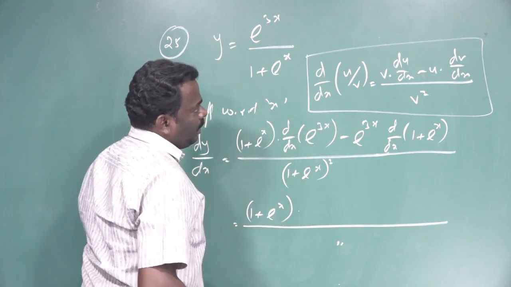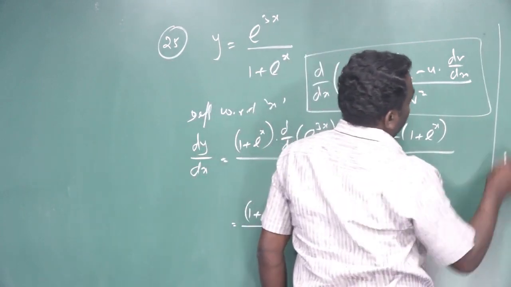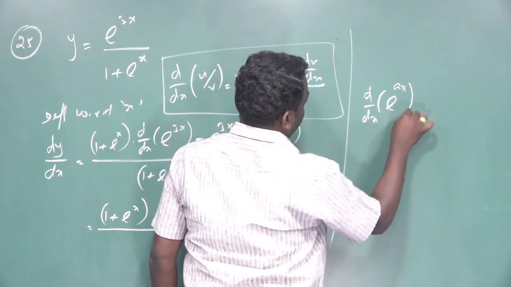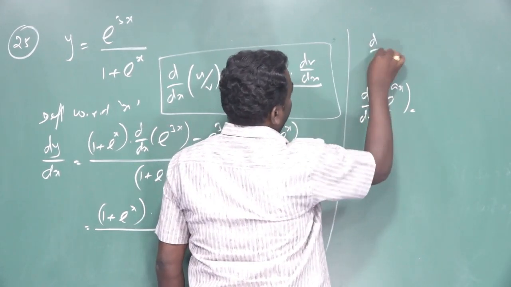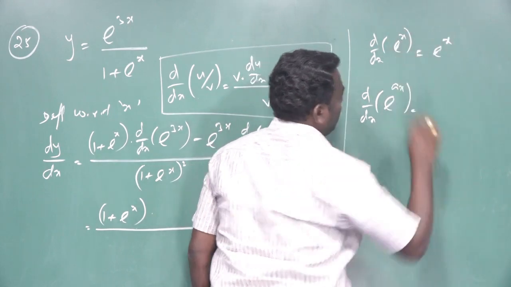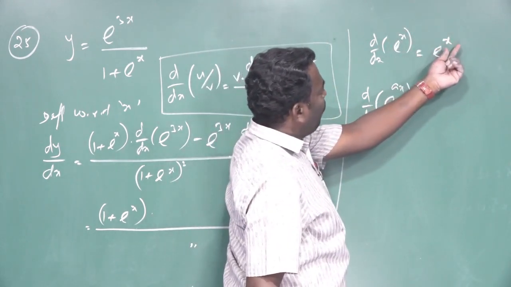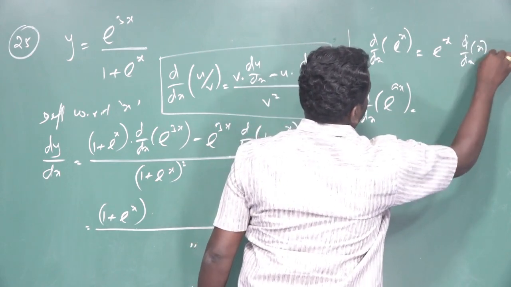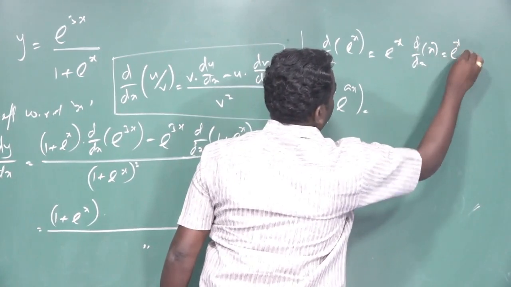Now the denominator is 1 plus e power x as it is. Differentiation of e power 3x: once again d by dx of e power x becomes the same, e power x. Again we want to differentiate the power term, d by dx of x is 1, so that is equal to e power x.